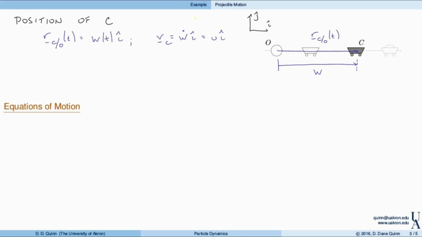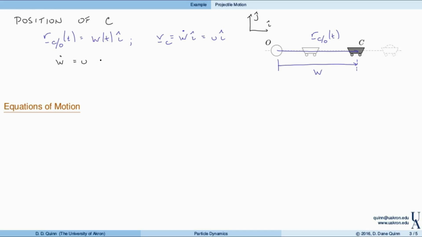So here we have written the velocity in terms of the coordinate, and then we've expressed that in terms of the constant speed that was given in the problem statement. And as a result, we have w dot is equal to u.